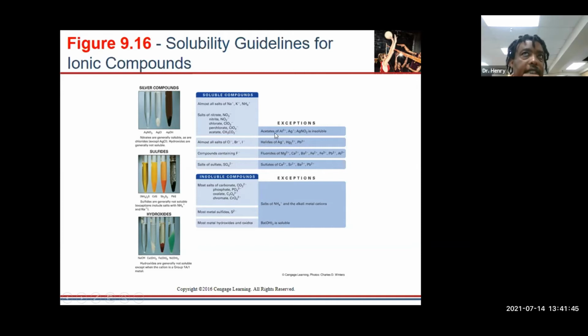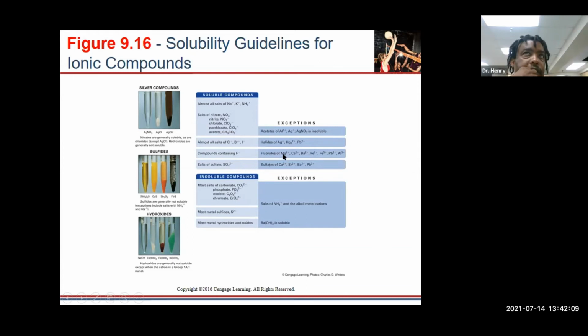So for acetates, aluminum acetate is insoluble. Silver acetate is insoluble. Silver nitrate is insoluble. In terms of the chlorides, chlorides with silver, with mercury 1 ion, and with lead 2 are insoluble.